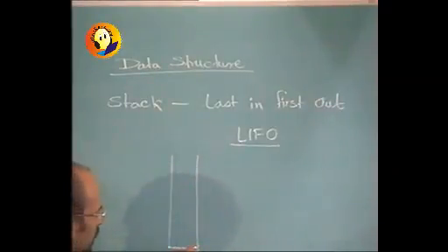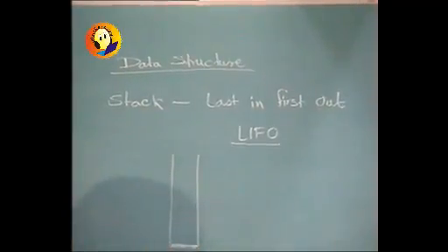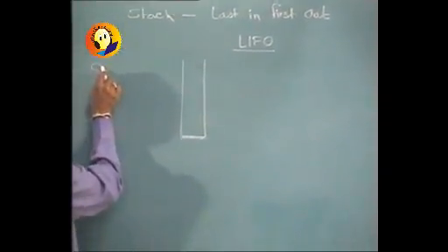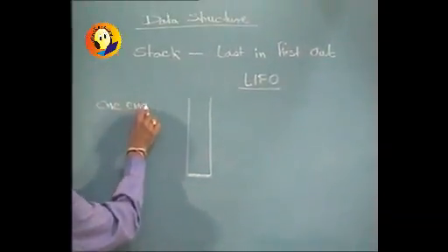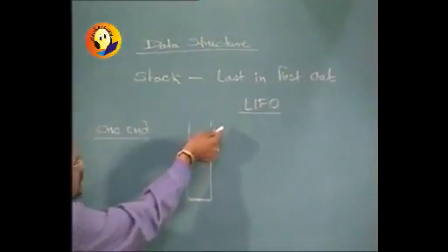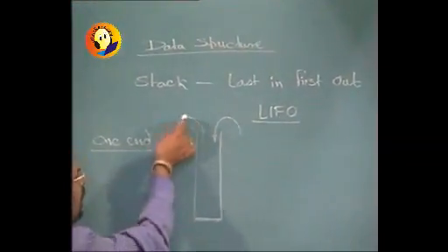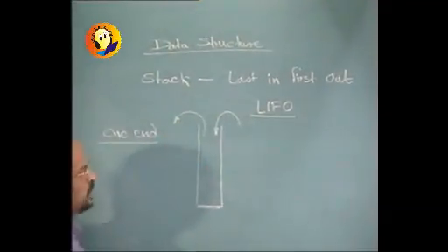it is a container which is closed at one end and open from the other. So we say that the stack has only one end, and the same end is used for storing and processing.